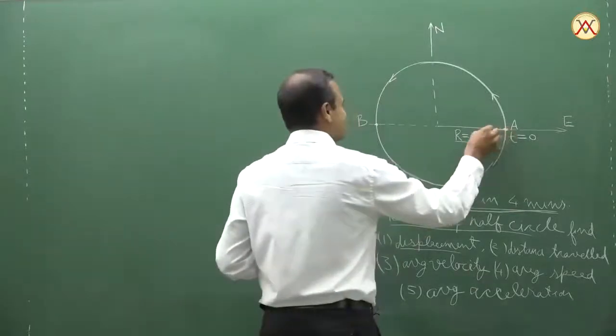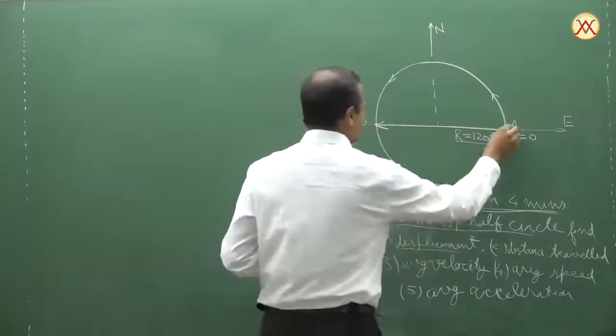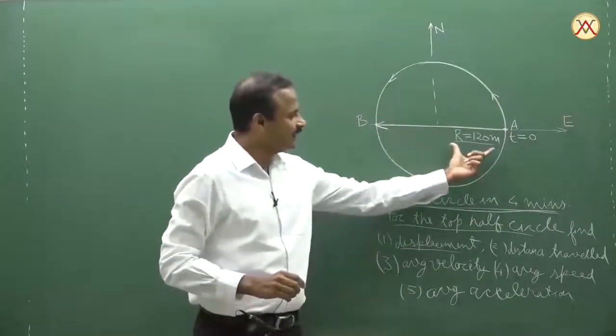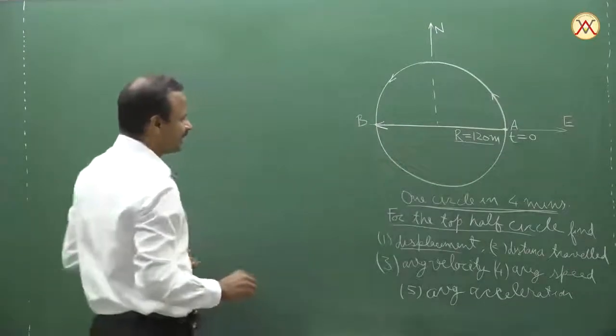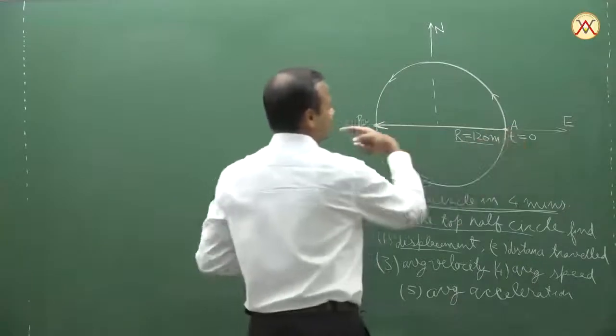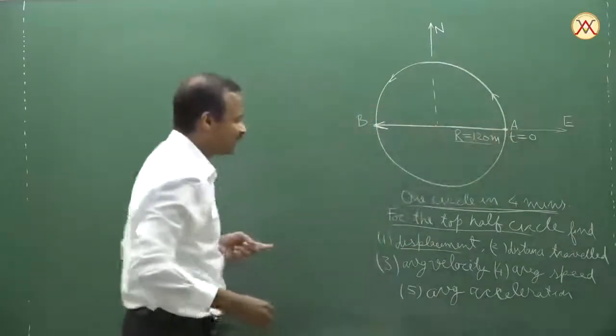Displacement is this straight line vector here, from point A to point B. The length of this vector is clearly double the radius, so 240 meters, and the vector is pointing in this direction, which is the west. East is this way, north is this way, this is the west.